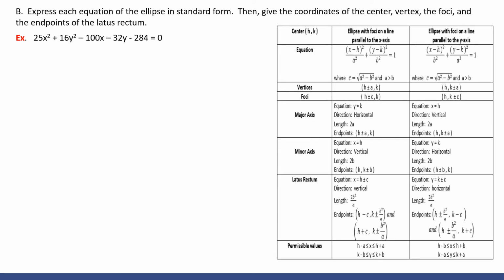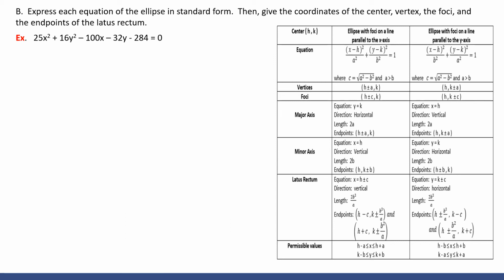Our next problem: express each equation of the ellipse in standard form. Then give the coordinates of the center, vertices, the foci, and the endpoints of the latus rectum. Given equation: 25x squared plus 16y squared minus 100x minus 32y minus 284 is equal to 0.